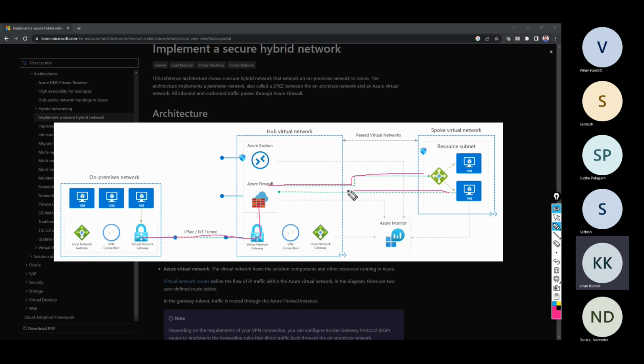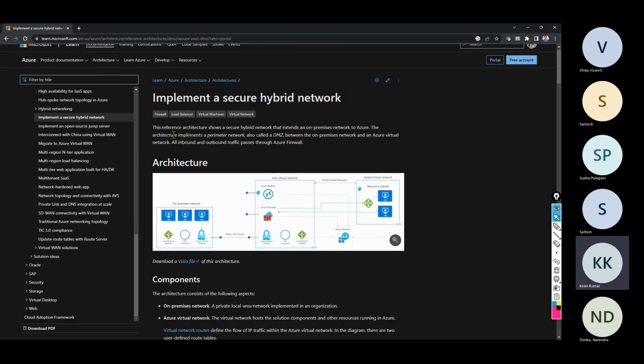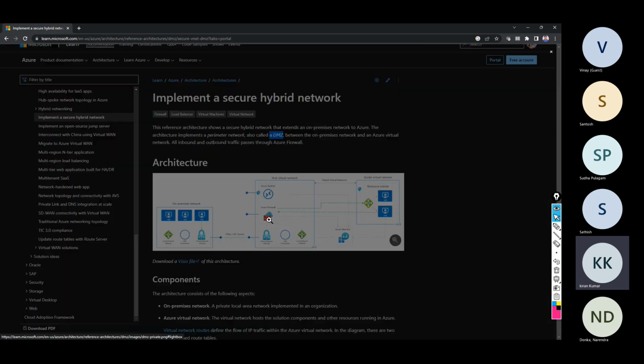Even going outside, it goes to the firewall. So totally everything goes through the firewall only. Microsoft has given this recommendation and architecture diagram. This reference architecture shows a secured hybrid network that extends an on-premises network to Azure. The architecture implements a perimeter network, also called a DMZ. Between the on-premises network and the Azure network, all inbound and outbound traffic passes through the Azure firewall.